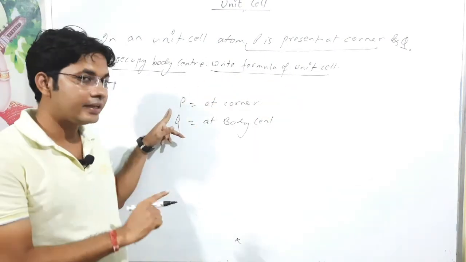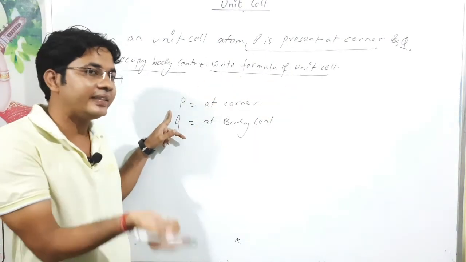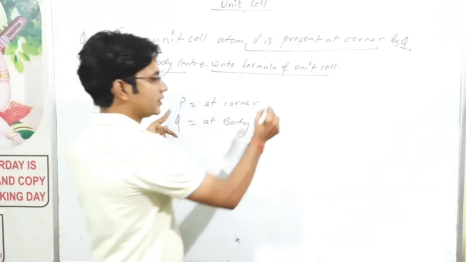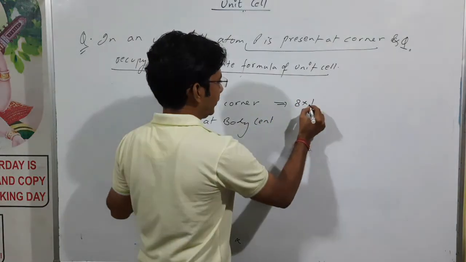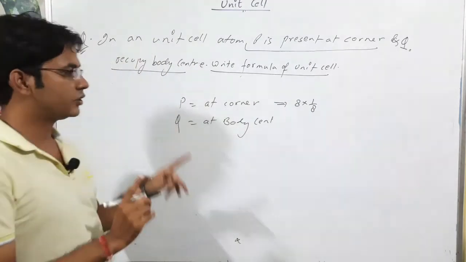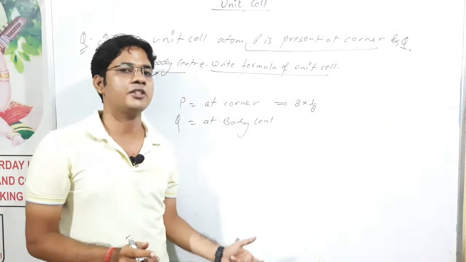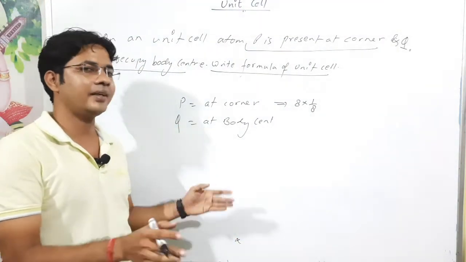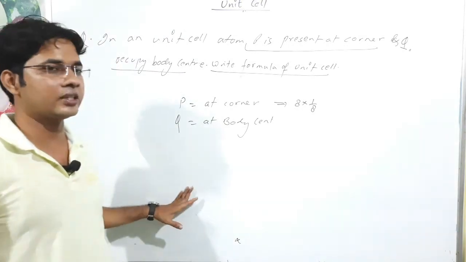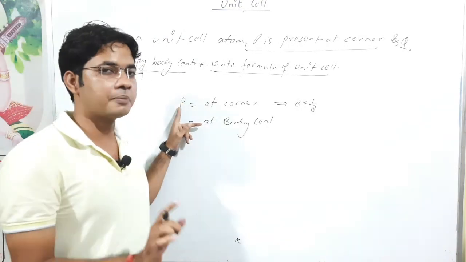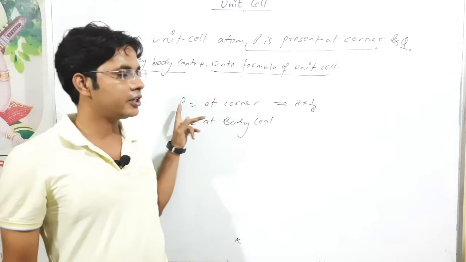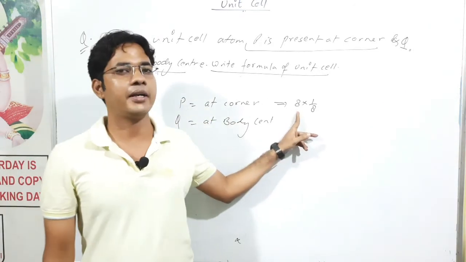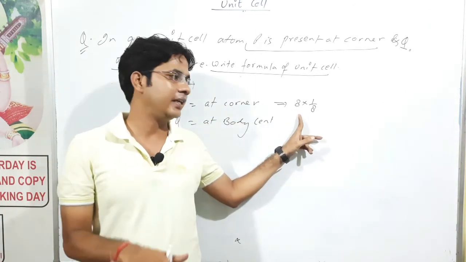Now since P is present at corner, apply the corner calculation. What was it? 8 into 1 by 8. Here it is not written that one atom is removed, two atoms are removed or three atoms. There are no other conditions. So we will assume that P is present at each corner, and if it is present at each corner, then the number of atoms will be 8 and each is shared between 8 unit cells.